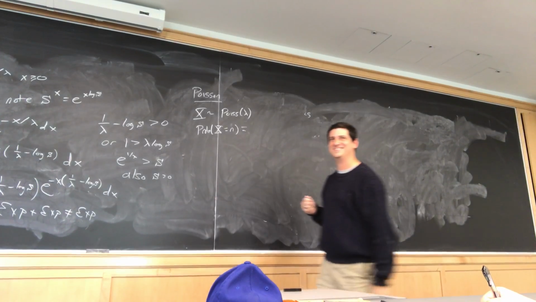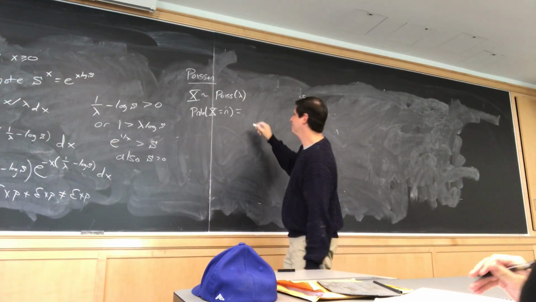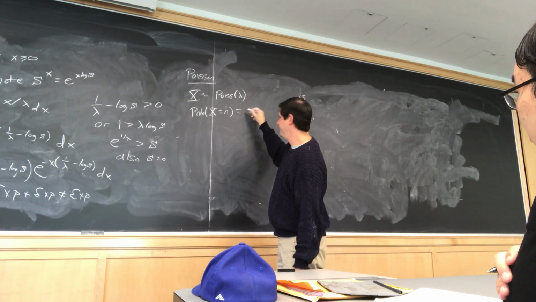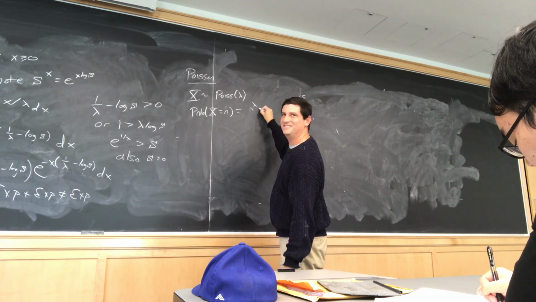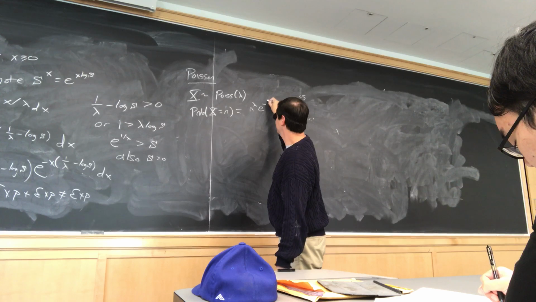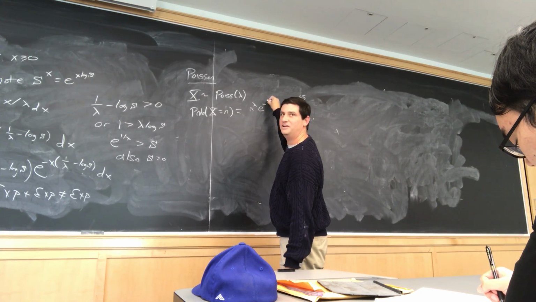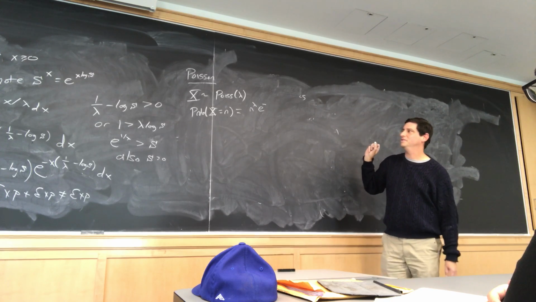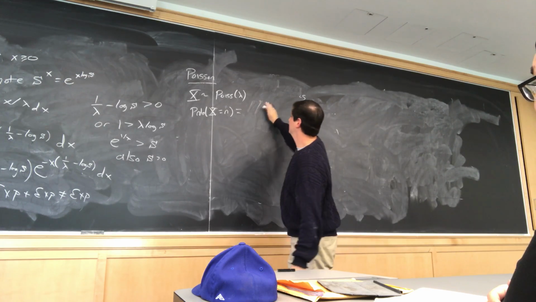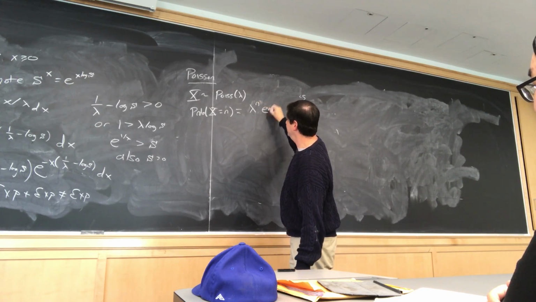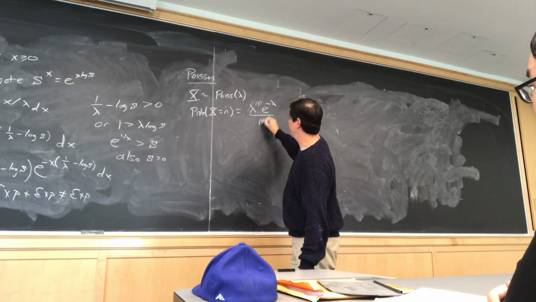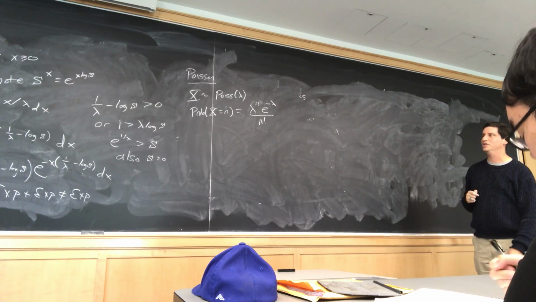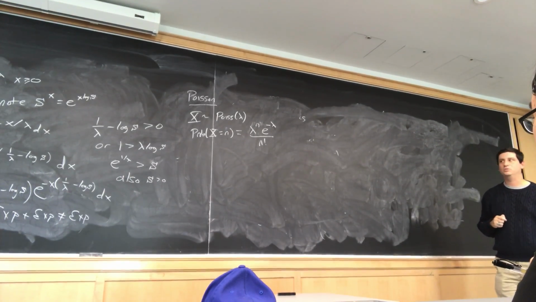Excellent. It's lambda to the n, e to the minus lambda, over n factorial. It's hard when you use different notation, and when you use x versus n and flip them back and forth. So this is the probability that x equals n.